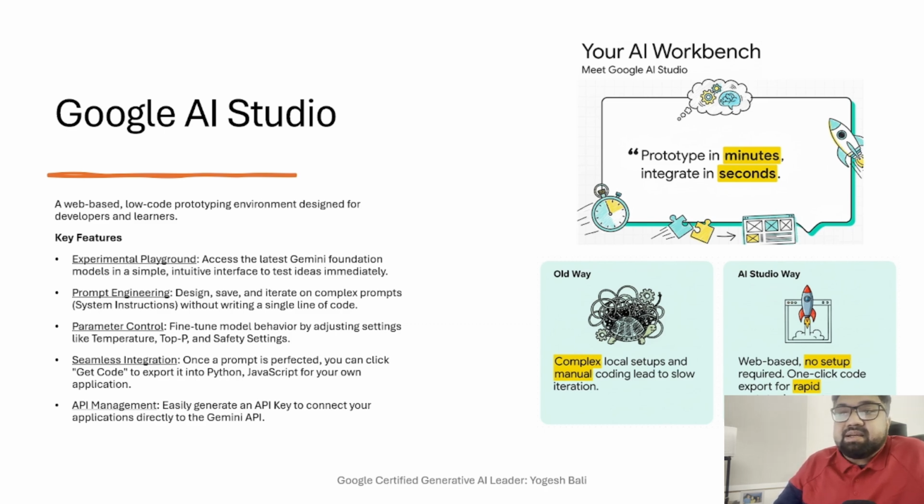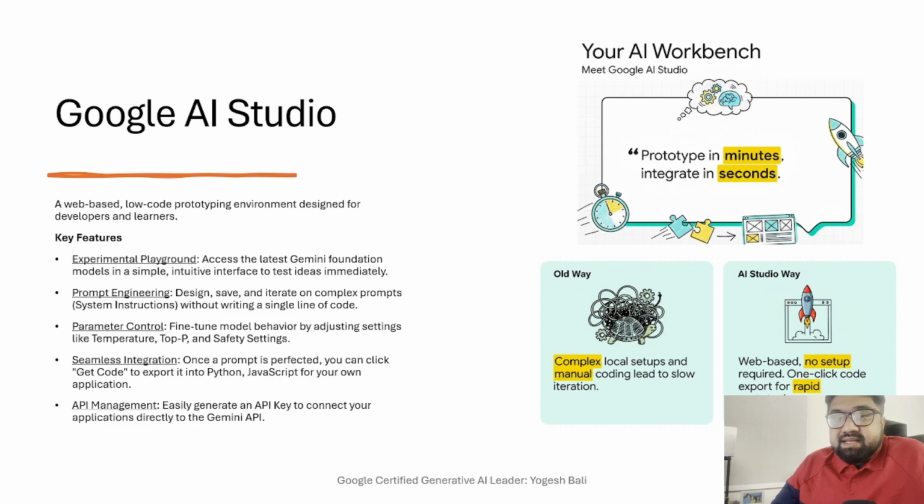So here in Google AI Studio, I can access the foundational models, customize them, and tune them by setting the temperature, top-p, and safety settings. Whatever I perform in Google AI Studio, I can generate the code of it that I can integrate in my Python or JavaScript or any application that I am developing.